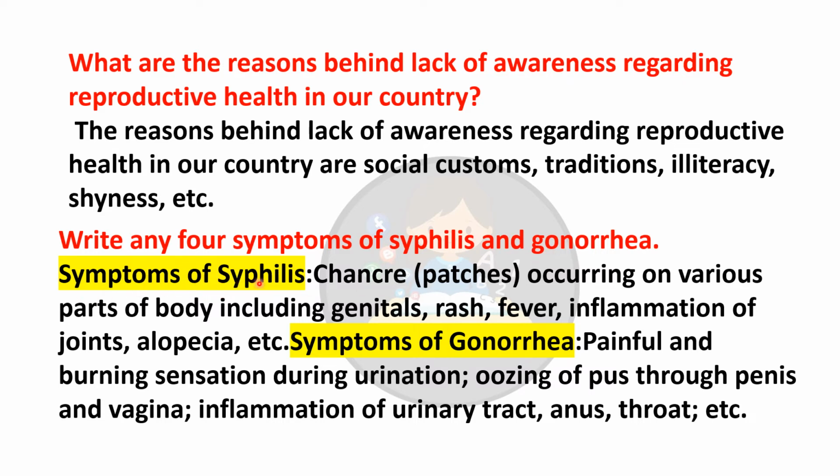Symptoms of syphilis: cankers occurring on various parts of body, including genitals, rash, fever, inflammation of joints, alopecia, etc. Symptoms of gonorrhea: painful and burning sensation during urination, oozing of pus through penis and vagina, inflammation of urinary tract, anus, throat, etc.